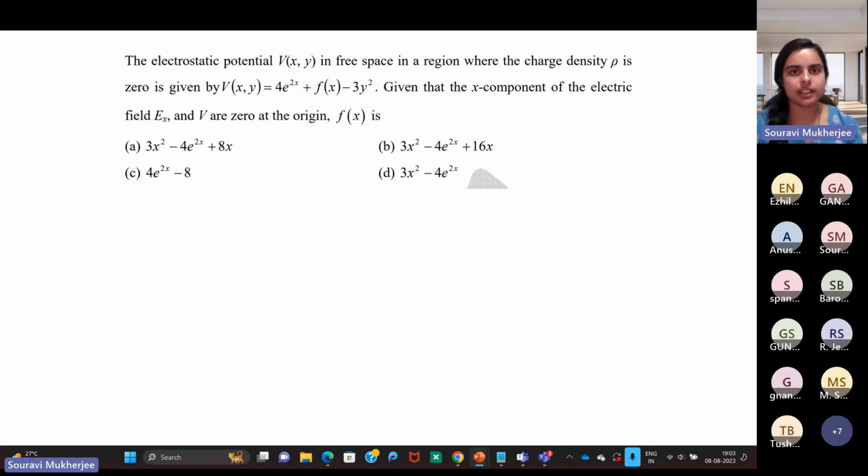What is the first condition that you can see from the question? Anyone, anything?